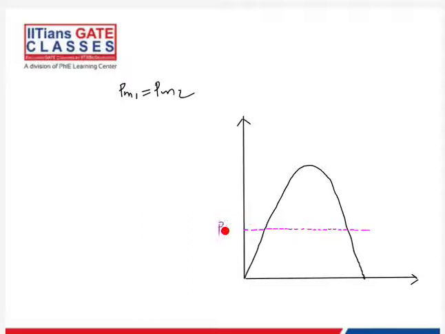This is our PS1, and this is P versus delta. This would be our delta 0. Suddenly the mechanical input now increases to PS2, and this would be our new delta.